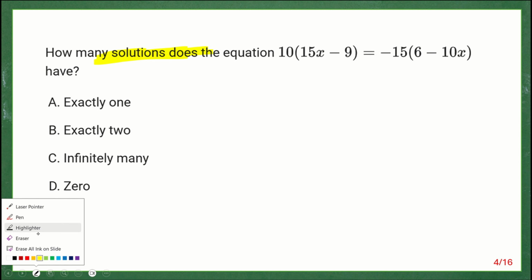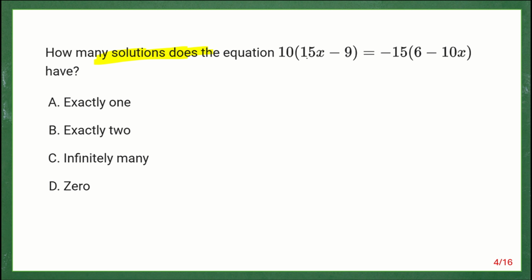Whenever you have these questions, we are basically looking for how many values of x will satisfy this equation here. And depending upon the values of x, we can figure out whether it will be exactly 1, exactly 2, infinitely many, or 0 values.